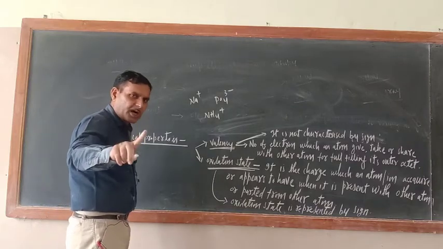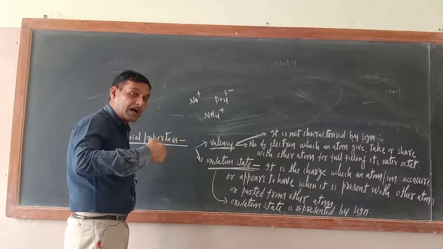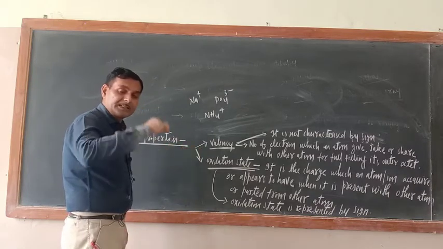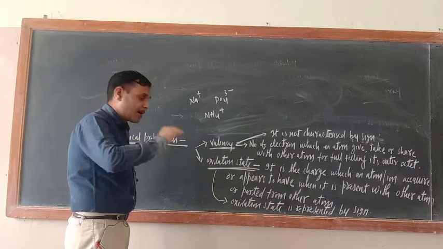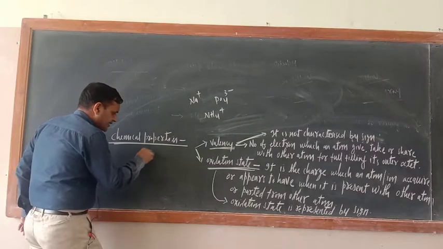Oxidation state is the charge which an atom or ion appears to have when it is present with other atoms or parted from other atoms. Just see NaCl.